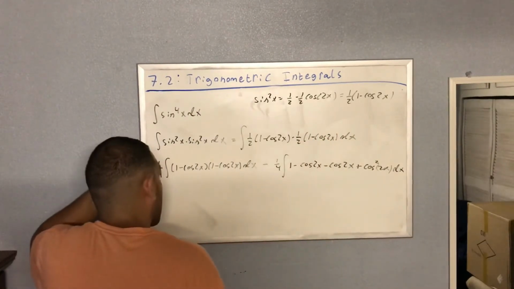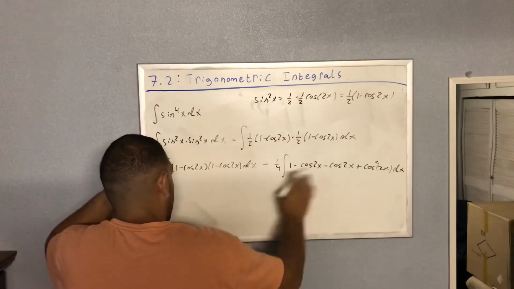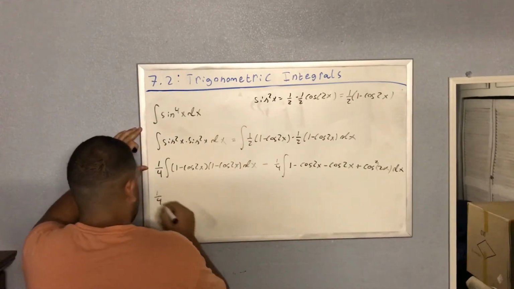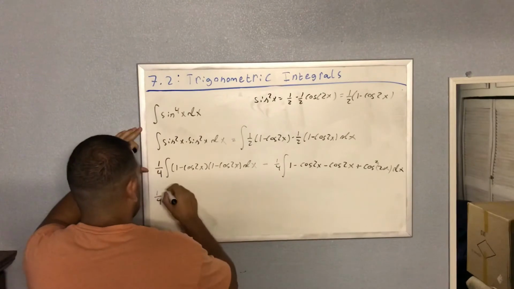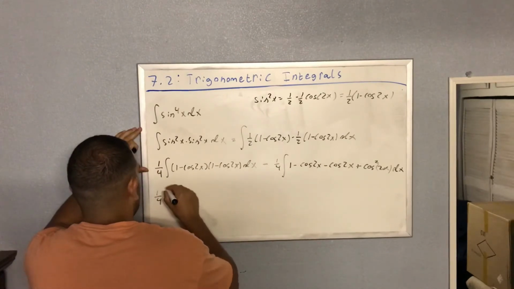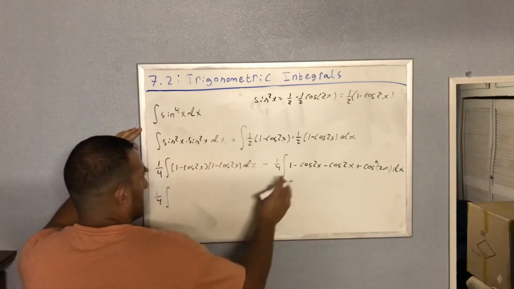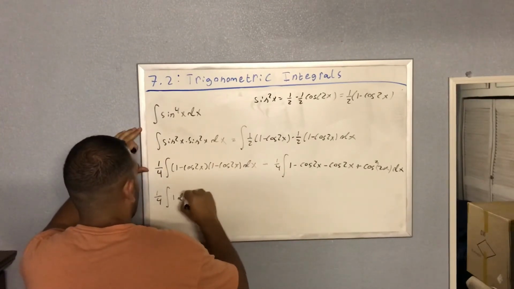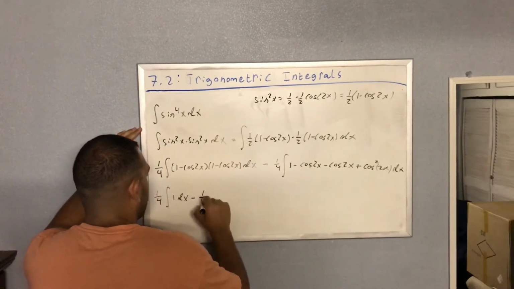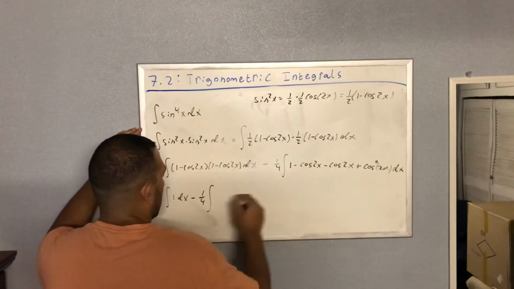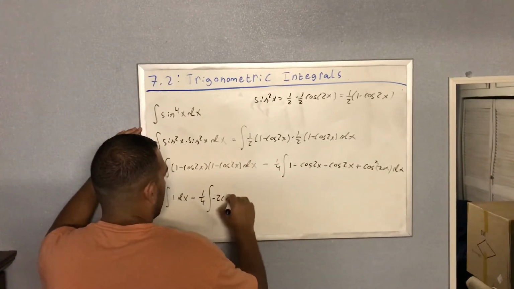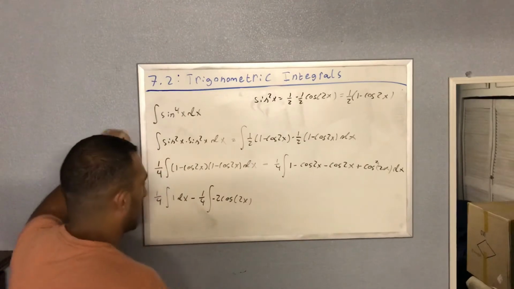Okay, and so then these are like terms, and we'll already split the integral up into each piece, so we'll split up into 1/4. The 1/4 hits every single term. So there's 1/4 here, just 1 dx, minus this one and that one combined to give a -2 cosine of 2x.